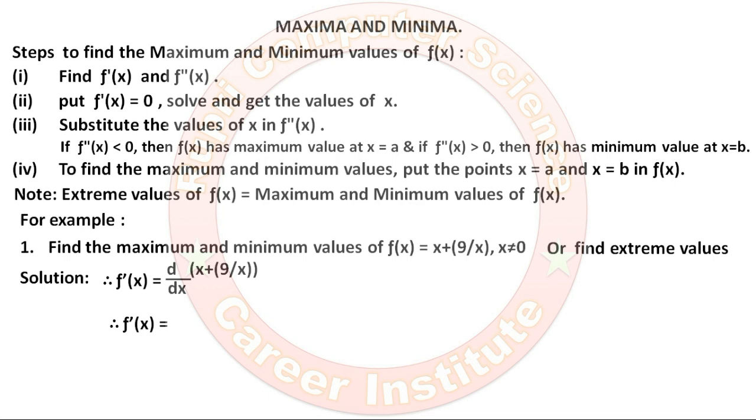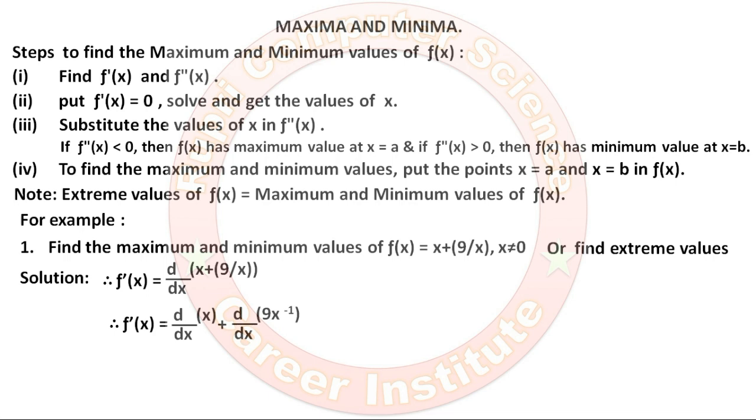Therefore first we write in separate form, that is, f'(x) is equal to d by dx of x plus d by dx of 9 x raised to minus 1, right?